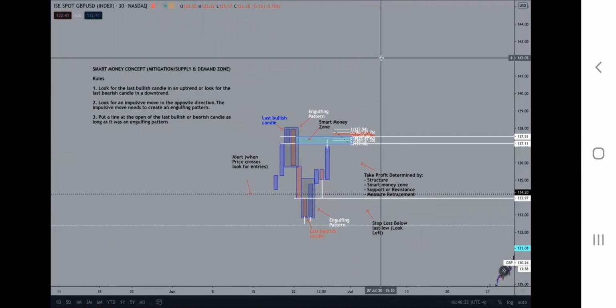So the first question was, what is smart money? I always get this question a lot. Smart money is an institutionalized way of trading where we're looking for the best places to enter. We're looking to not only focus on trend lines, support and resistance, but we're going to look for supply and demand areas.